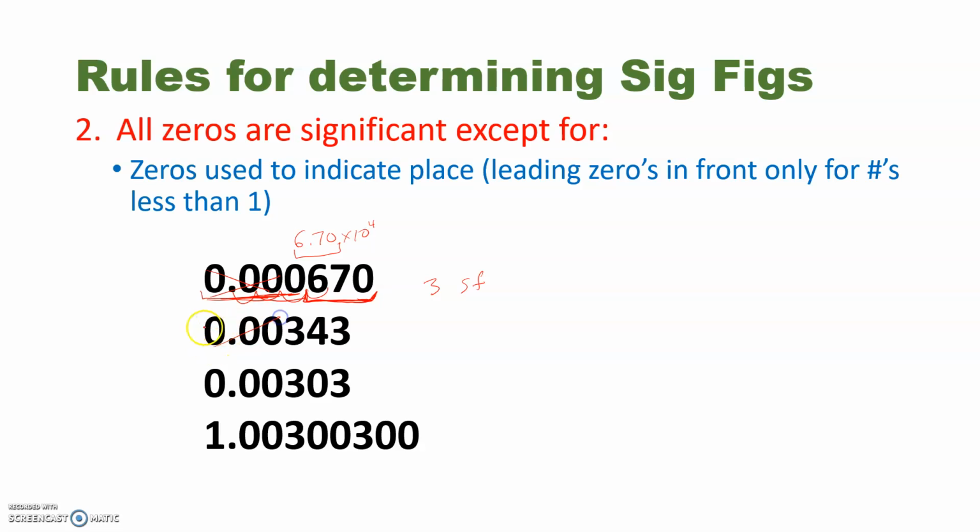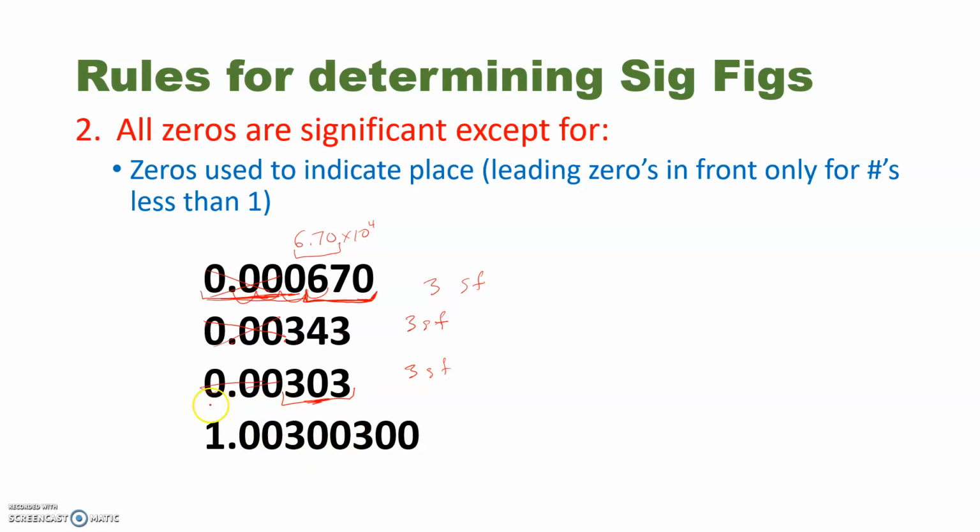Same thing, these do not count. They're placeholders between the decimal and the first non-zero. So 1, 2, 3. 3 sig figs. Again, same thing here, 3 sig figs. This is a sandwich 0, so it does count. These are the ones that I get rid of. 3 sig figs.